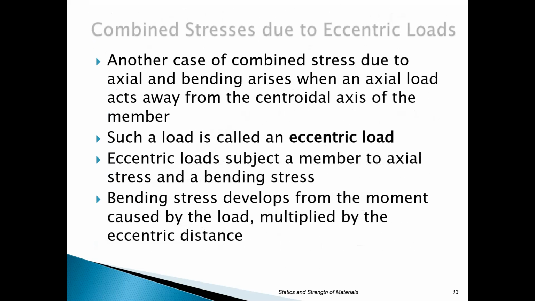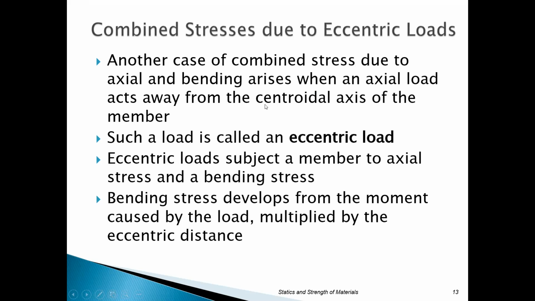What we want to look at now is what's called an eccentric load. An eccentric load is when your load is not acting right down through the middle of your cross section. It's off to one side or the other. So you're getting a load occurring off to the side, so a moment is being produced when you have an eccentric load. You're going to have a secondary bending stress perhaps due to that.